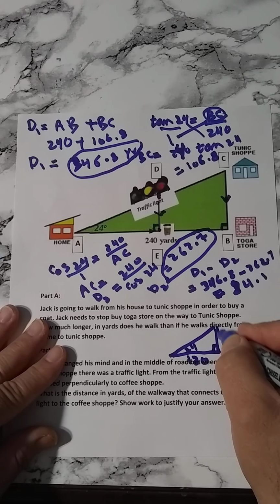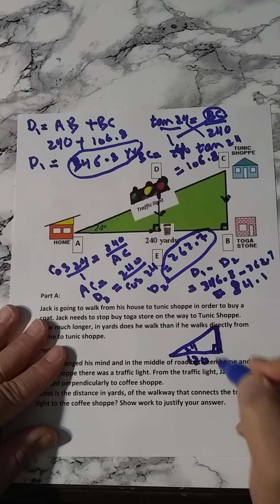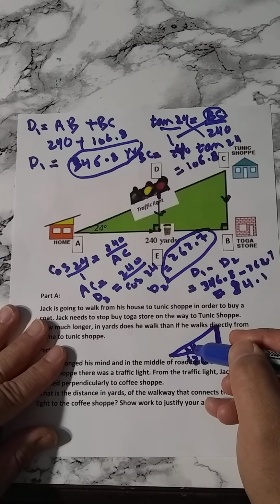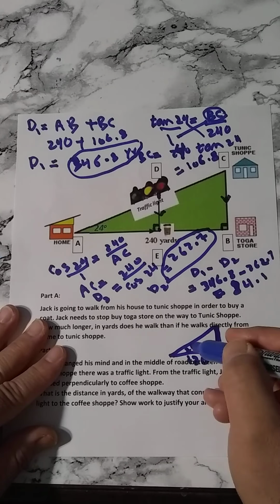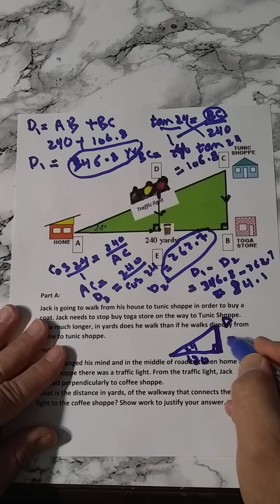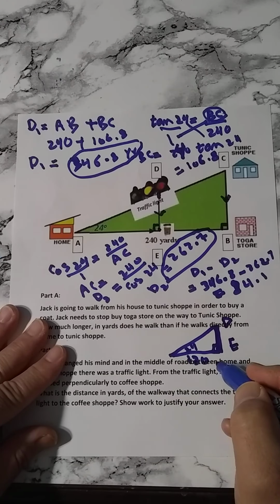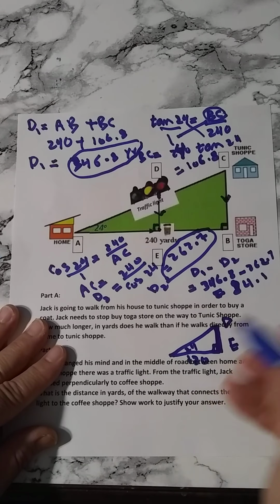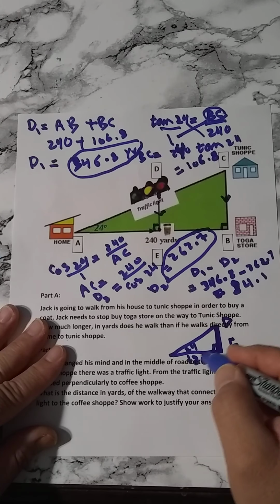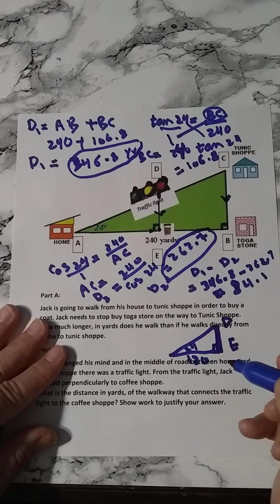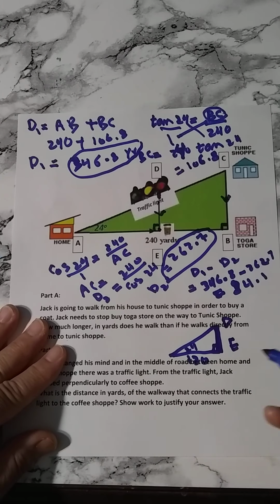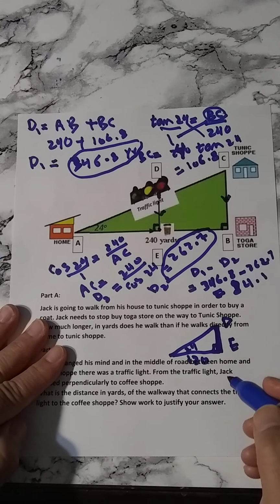We're looking for this distance, DE, which is the opposite side, and the known side is 120. Opposite divided by adjacent, which ratio? It's tangent.